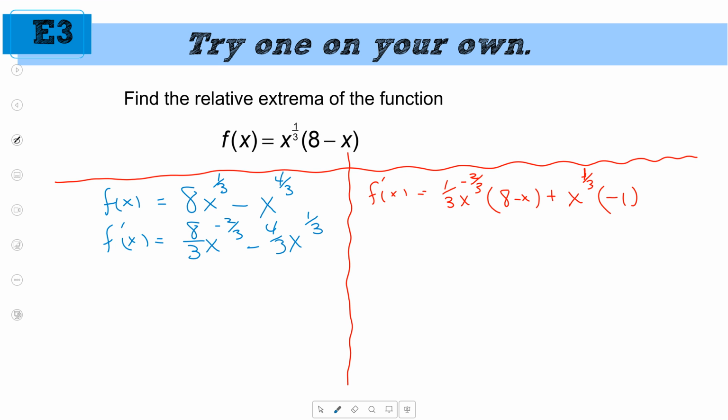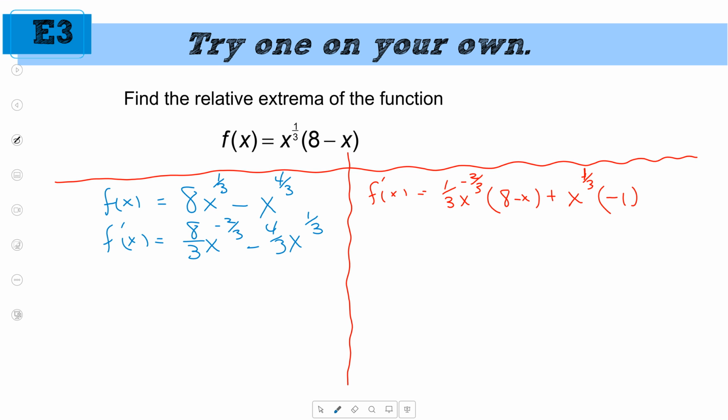Do you have to simplify it? Well, you have to factor it out. That is the derivative. Then you do the derivative test with the critical numbers.